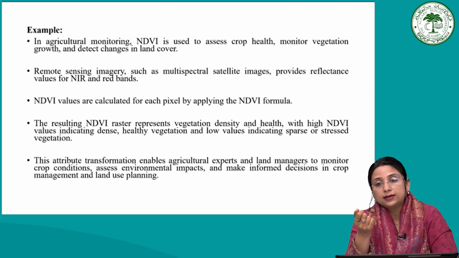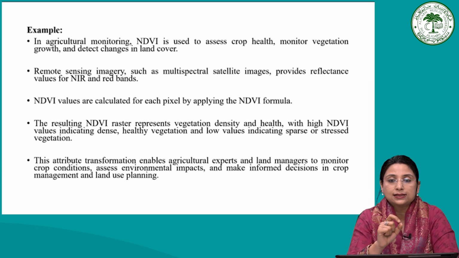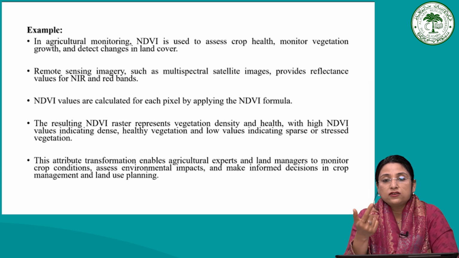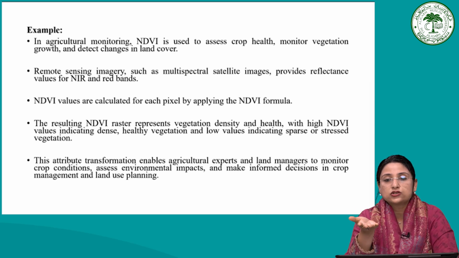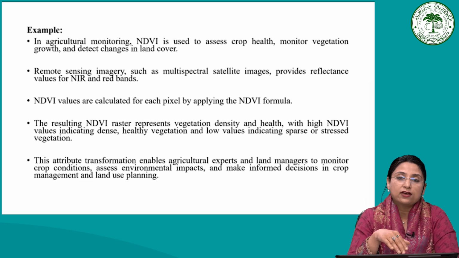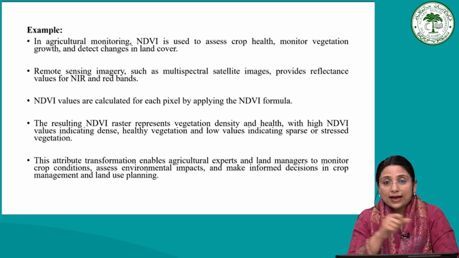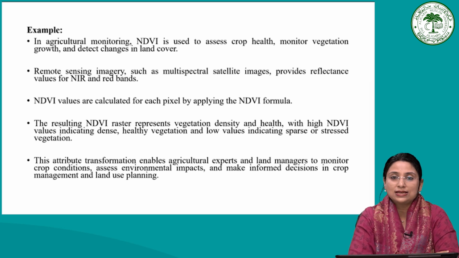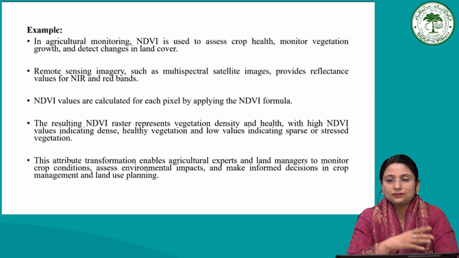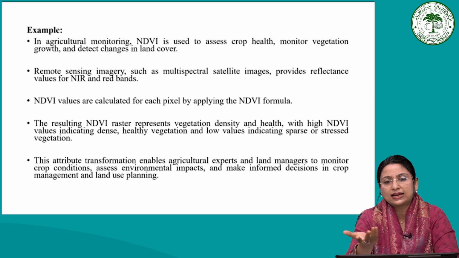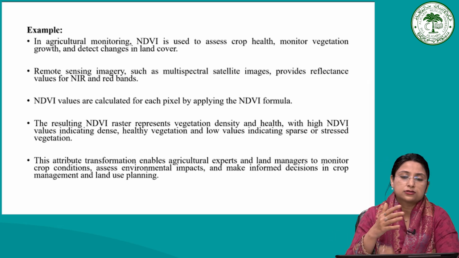The resulting NDVI raster represents vegetation density and health, with high NDVI values indicating better health and more vegetation density. If the NDVI value is low, it means less vegetation density, indicating sparse or stressed vegetation.